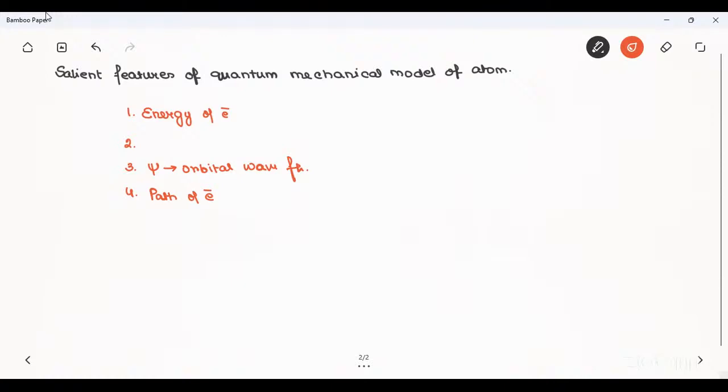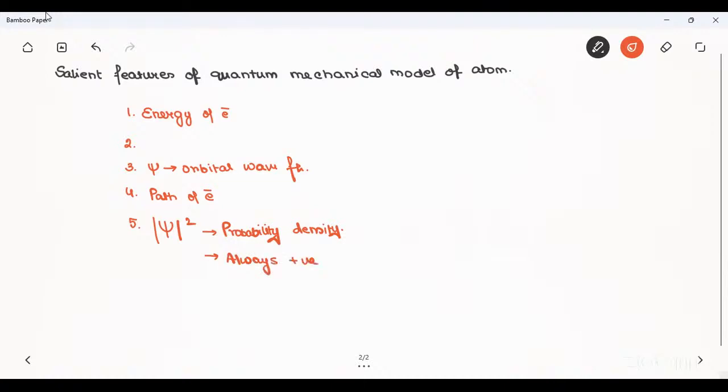The probability of finding an electron at a point within an atom is directly proportional to mod psi square at that point. Psi square is known as probability density, and this value is always positive.